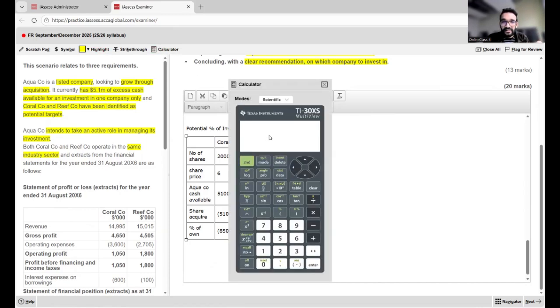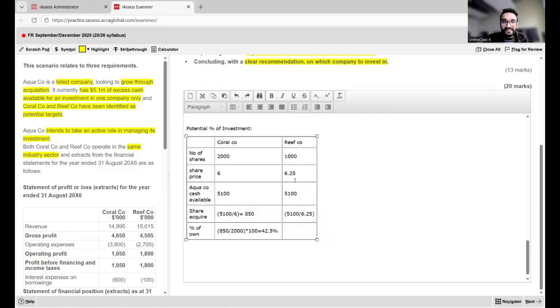So how many shares will we get? 5100 divided by 6.25, 816 shares. And this company is having a total of 1000 shares. So 816 divided by 1000 into 100 equals, most probably, 81.6.